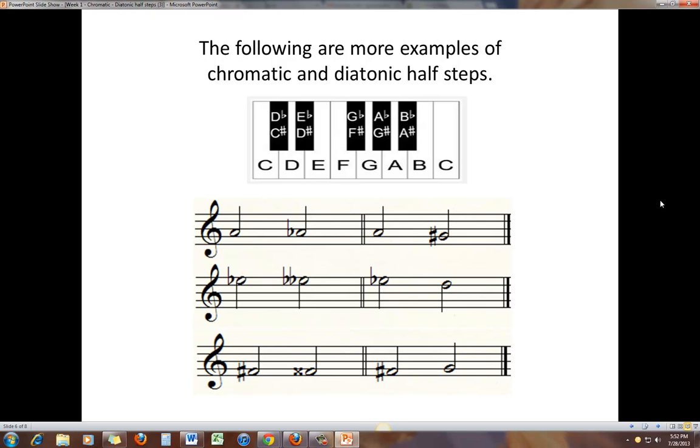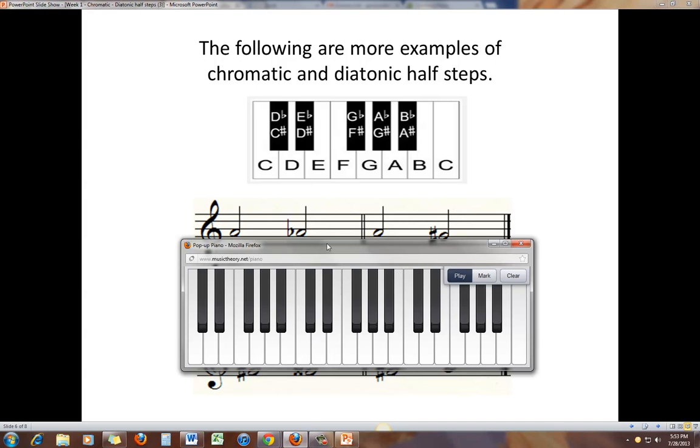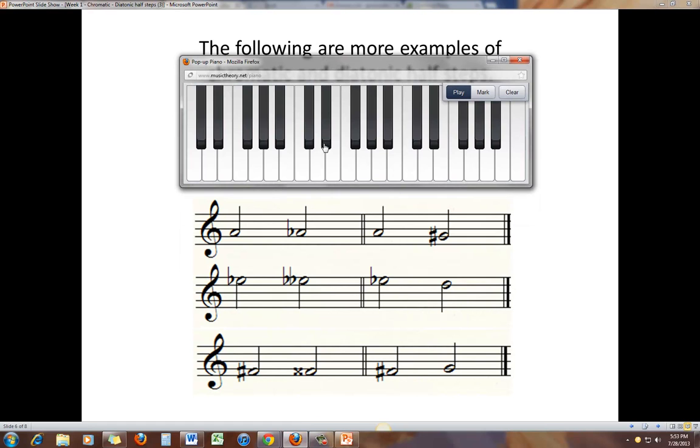The following are more examples of chromatic half steps versus diatonic half steps. And you notice that we can use all of the variety of accidentals. E flat to E double flat. Here is E flat to E double flat.